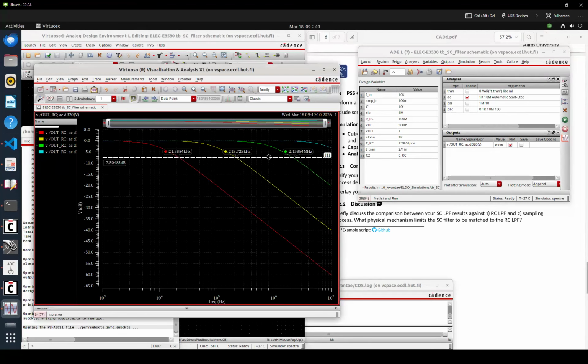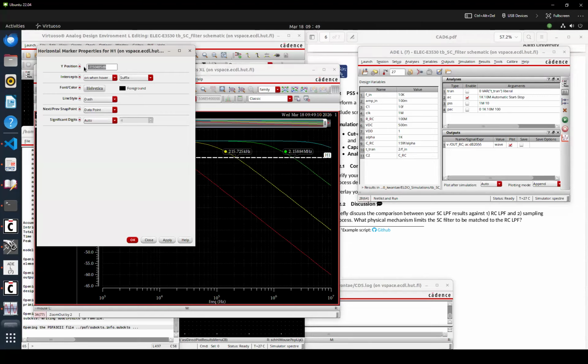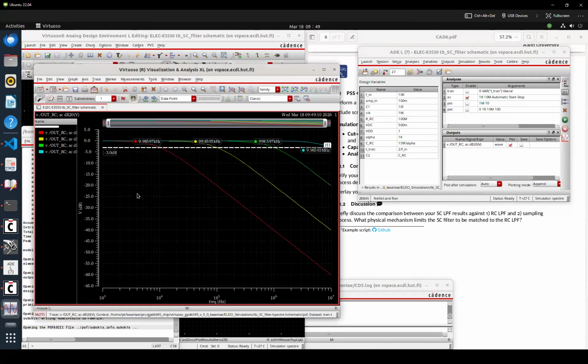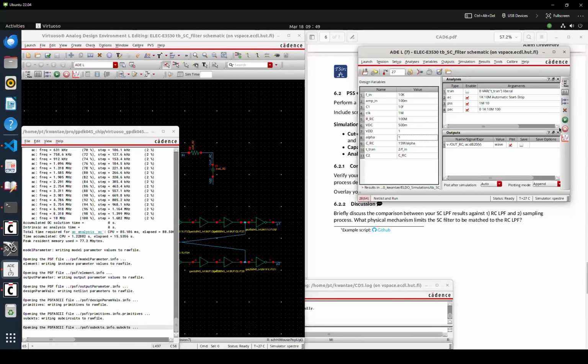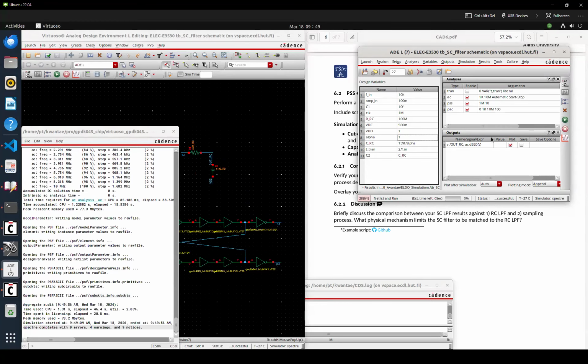Then if we set 3 dB, you can see that it is very nicely set. 1K, 100K, 1 mega, and 10 mega. And in this case, let's run PSS and PAC. So for ARPA, let me set it as 1. Let me first run the PAC PSS.